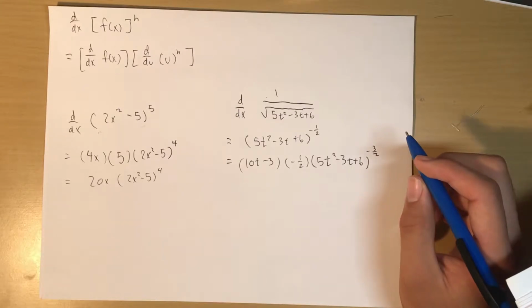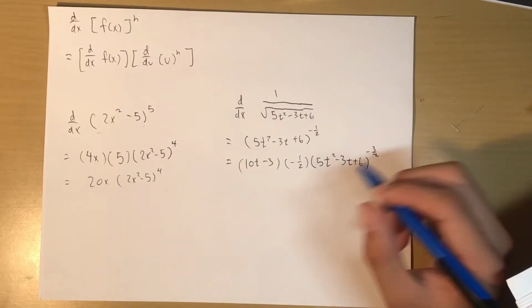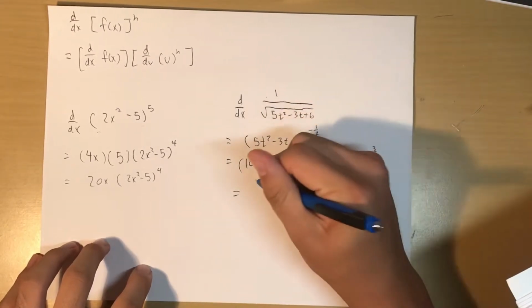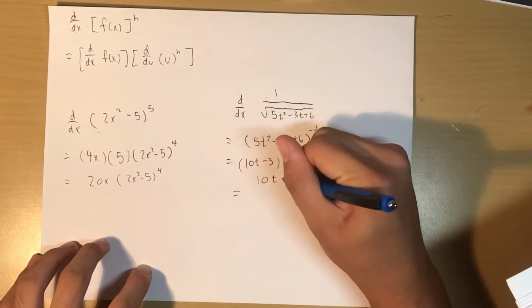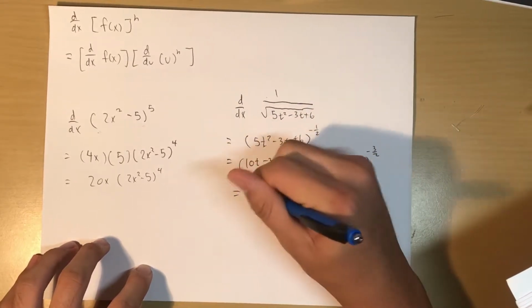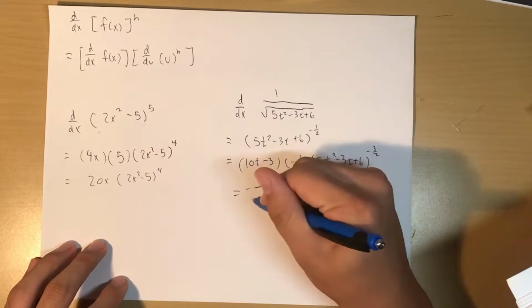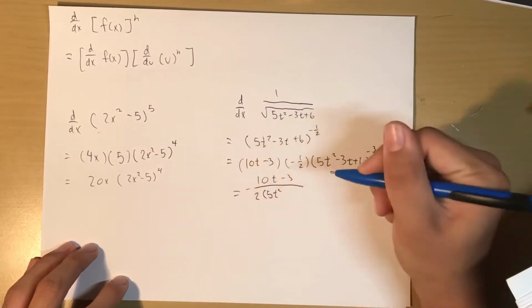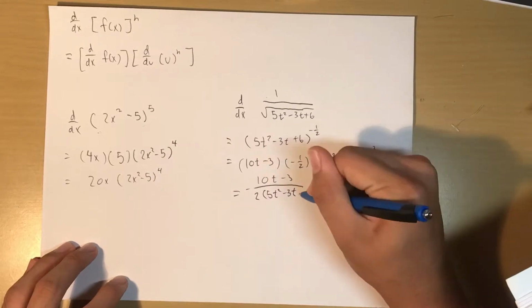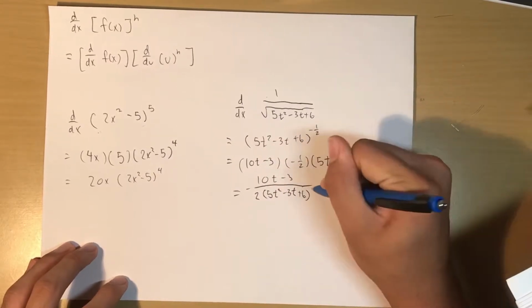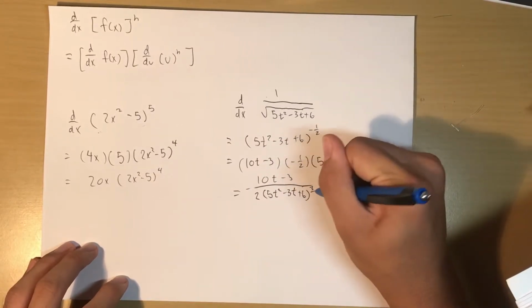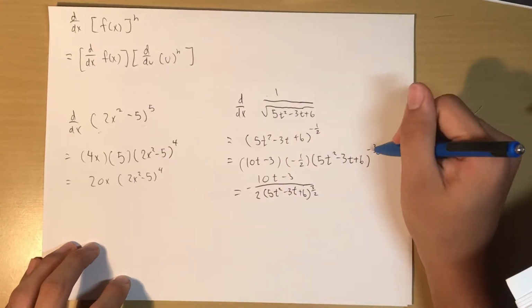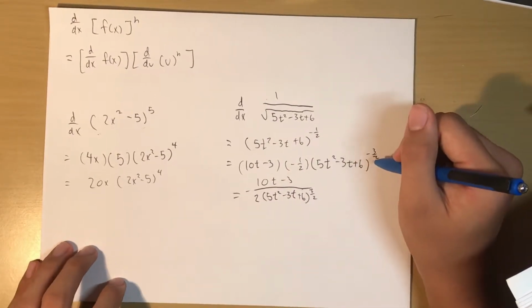And you probably should simplify that to 10t minus 3 over 2 times 5t squared minus 3t plus 6 to the power of 3/2, negative because of the negative 1/2, and then 2 on the bottom, because you moved it to the bottom, so we can eliminate that negative sign.